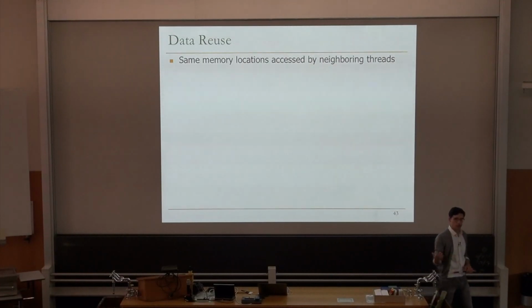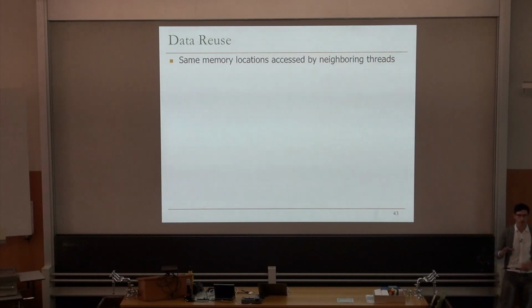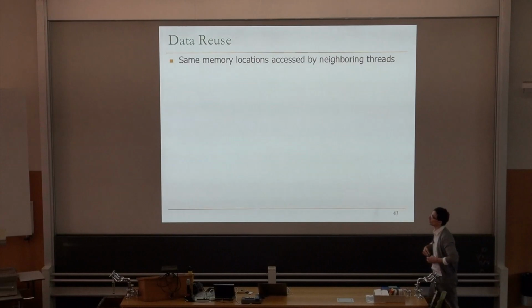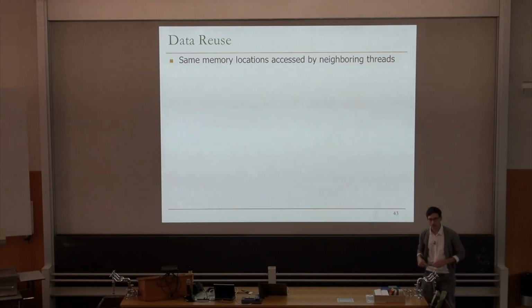Recall that the shared memory is this on-chip scratchpad memory that is explicitly managed by the programmer, and because it's on-chip, its latency is about 2 orders of magnitude lower than accessing the DRAM, the global memory. So it's really necessary for performance to make good use of this shared memory.